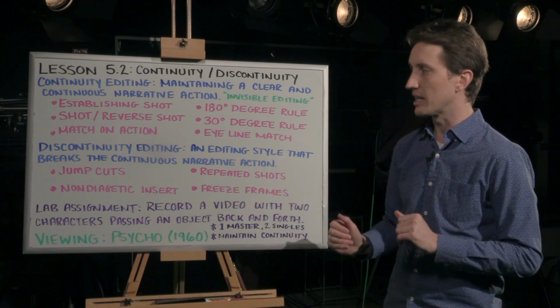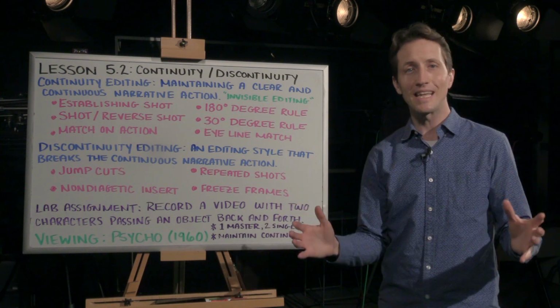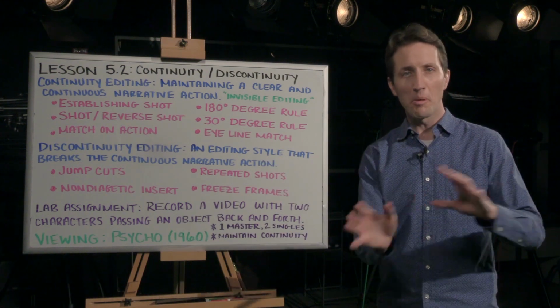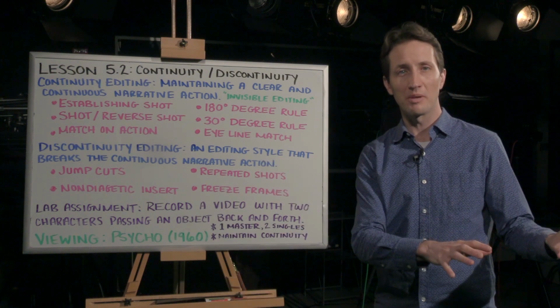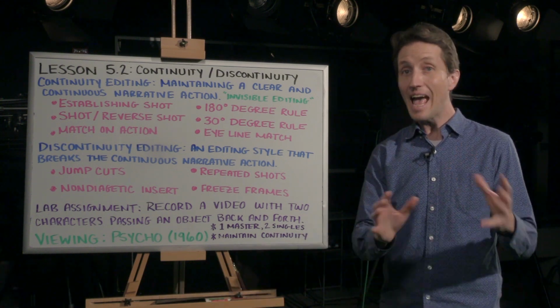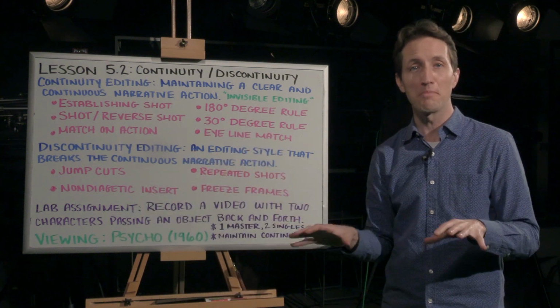Now with continuity editing, also referred to as invisible editing, you're trying to maintain a clear and continuous narrative action. Remember in the last lecture video, I talked about the epiphany that I had while watching Office Space as a teenager and realizing that what I was seeing wasn't a single setup shot with multiple cameras, but multiple setups shot with a single camera and then edited together to make it look like it was all happening in that moment.